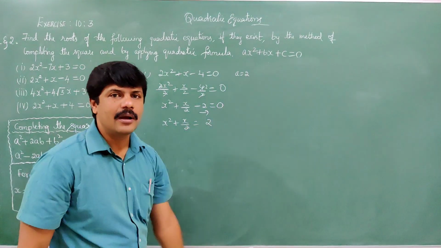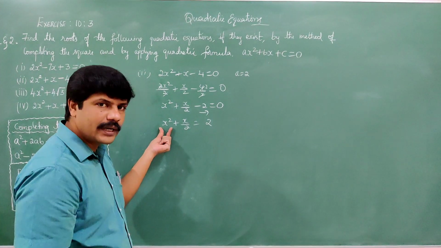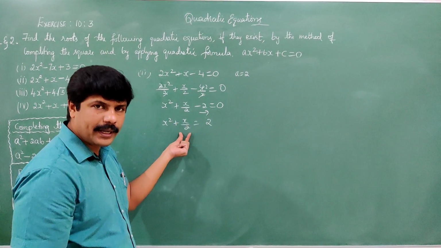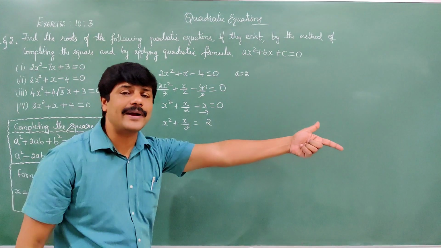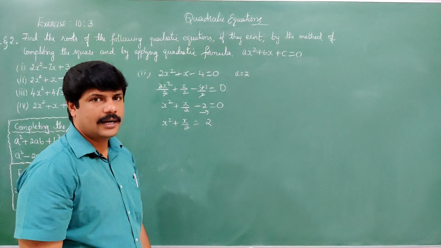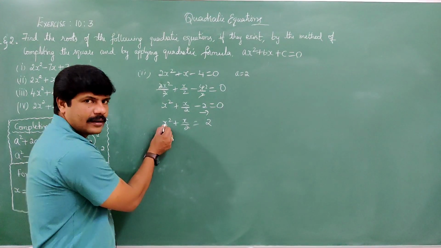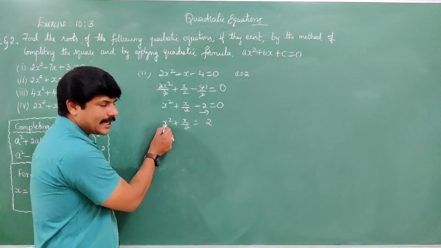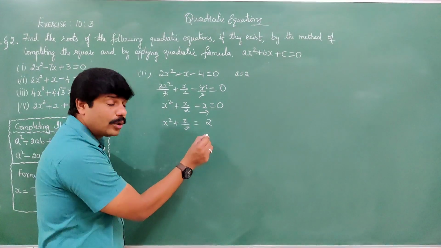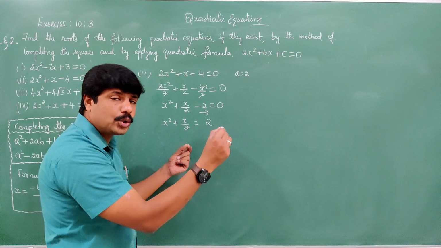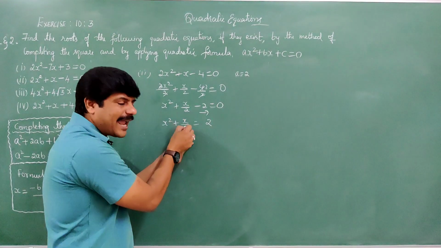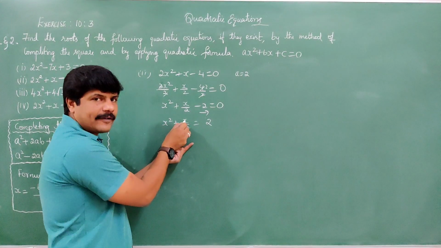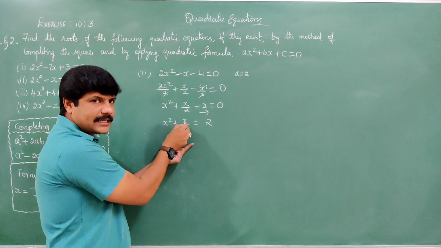A square plus 2ab plus b square is required to complete the square. This term becomes 2ab because x is there here. Understand?